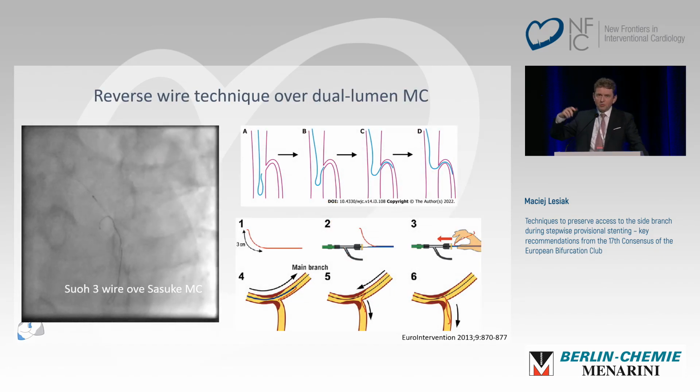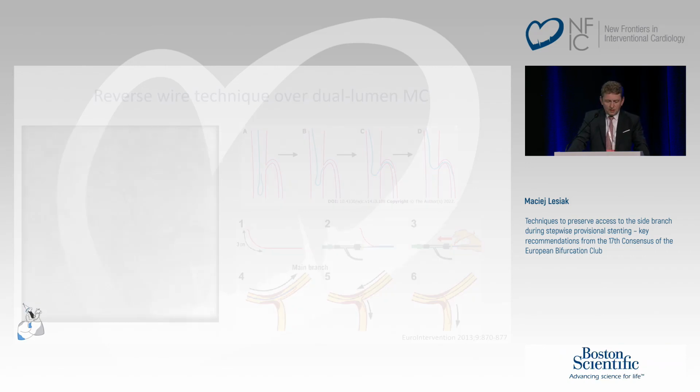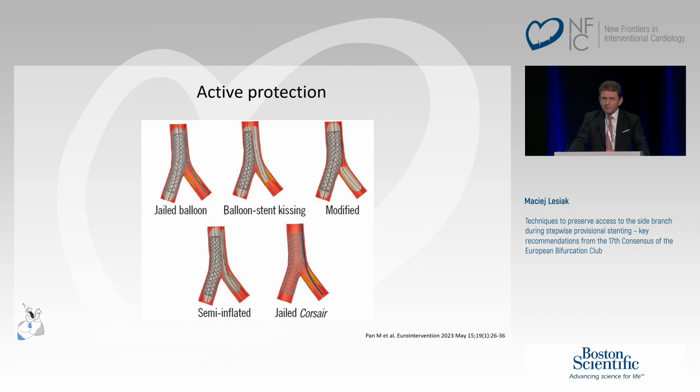You bend the wire 180 degrees, and using a dual lumen microcatheter, pulling back the wire, I could access this LAD this time. But in most cases, we use this technique to access a very unfavorable takeoff of the side branch.